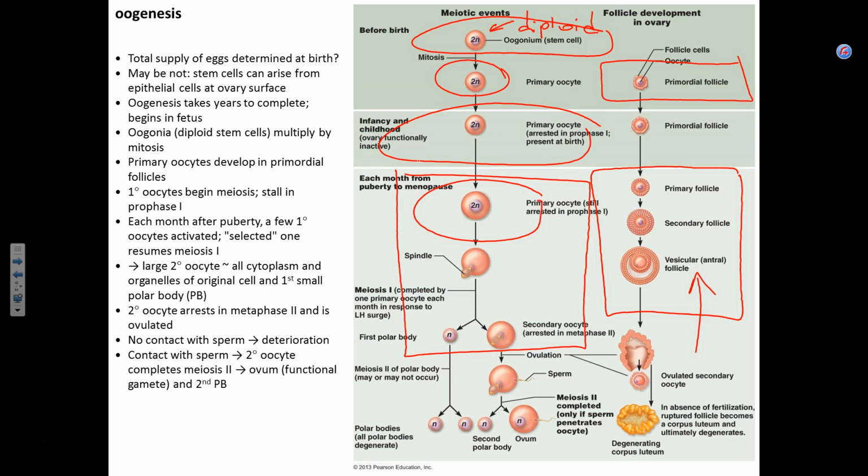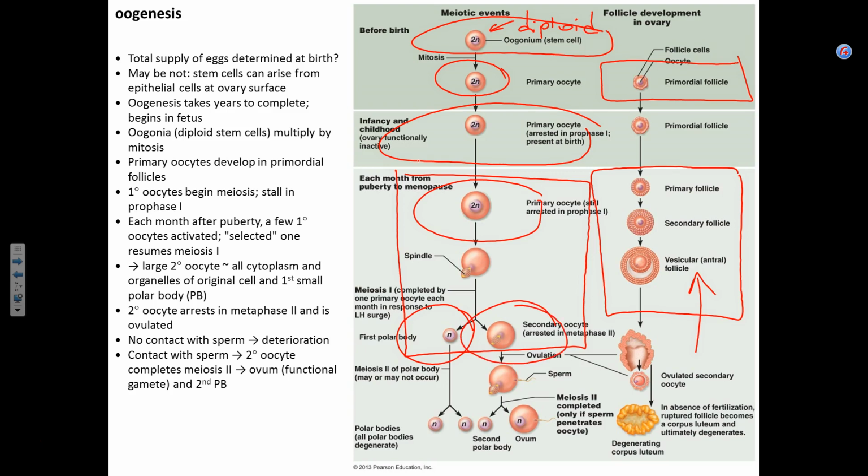And remember, the result of the first stage of meiosis is 2 haploid cells. So you have one haploid cell that is called polar body, and it essentially is being dissipated. And you have a secondary oocyte.